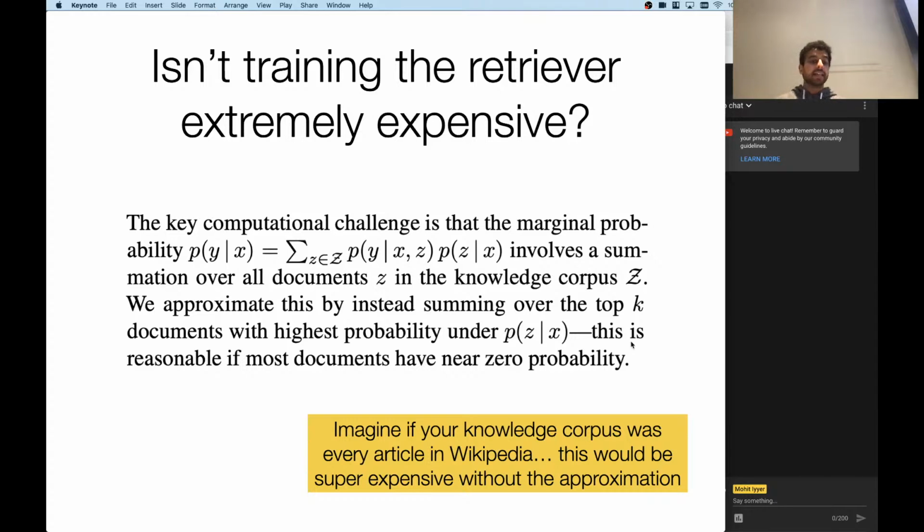And as they say, this is reasonable if this distribution is peaked towards a small subset of the documents and mostly zero elsewhere. If the distribution is flat, that would indicate that most documents do contribute something to the prediction of this token, or most documents don't really give you any information at all. In those cases, this approximation wouldn't be very legitimate, but they need to do this, otherwise it's not possible for them to train. And the fact that this works with some tricks is an indication that it's an okay approximation to make.